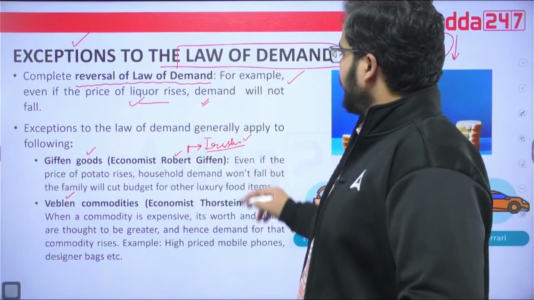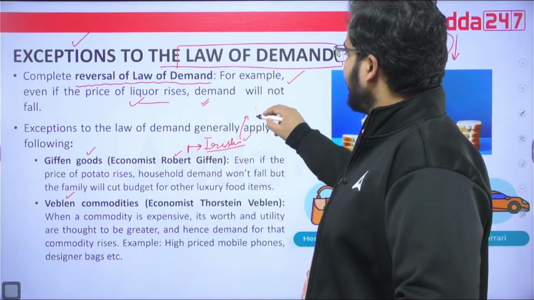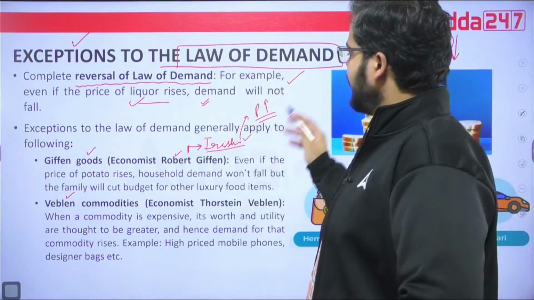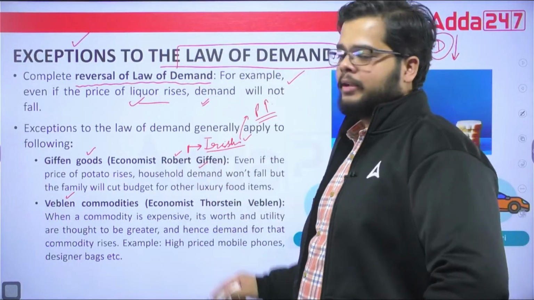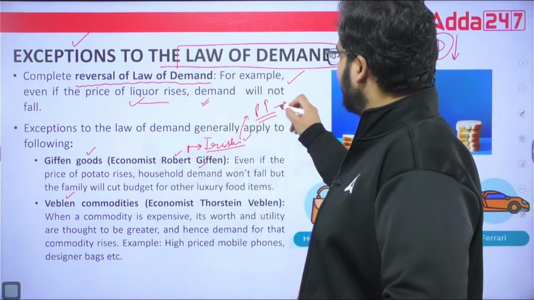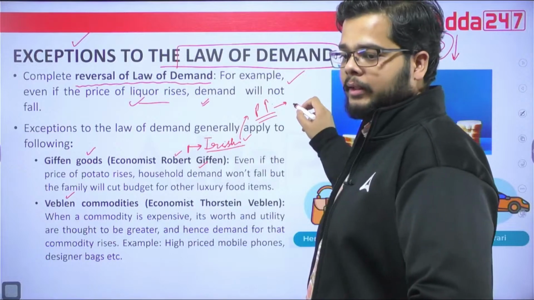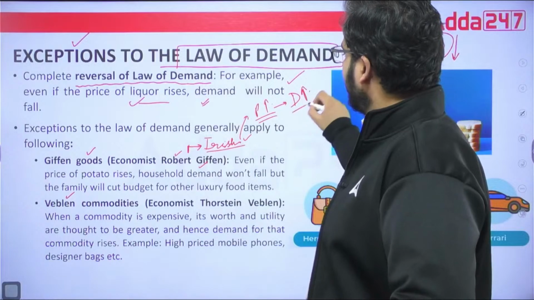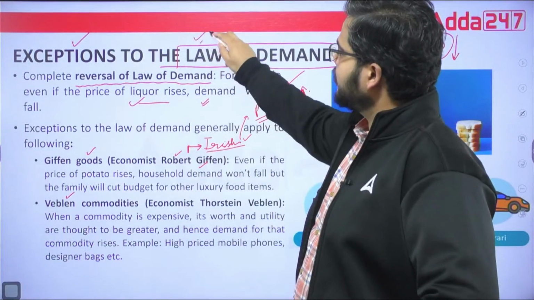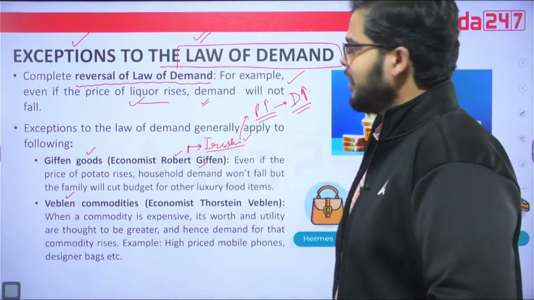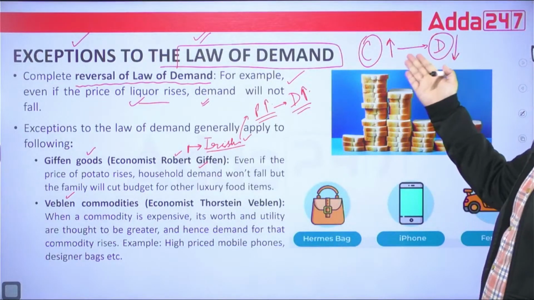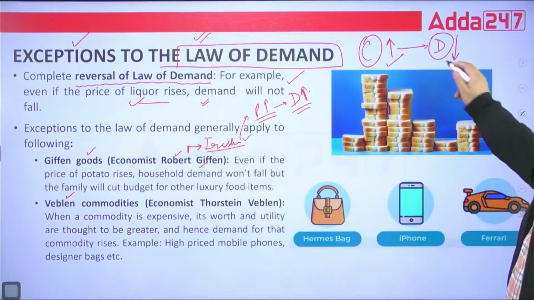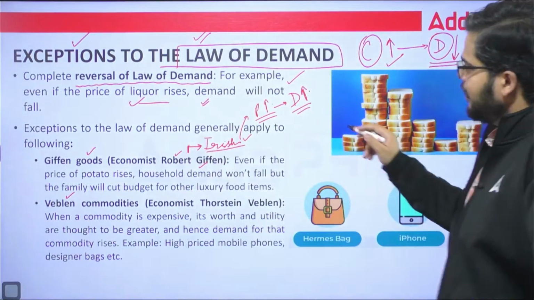Now what happened one day was that the prices of potatoes went high and higher. Still, what Mr. Giffen noted was that though the prices were high, the consumption was still high. It is just the reversal of the law of demand, which says that if a commodity's price is high, its demand will fall. But here it is not happening.